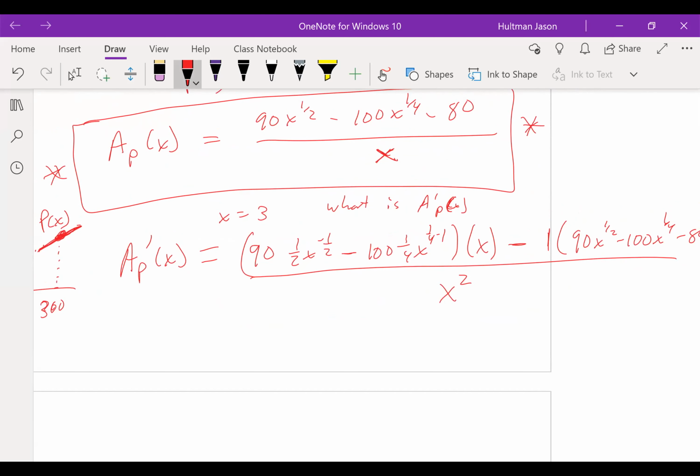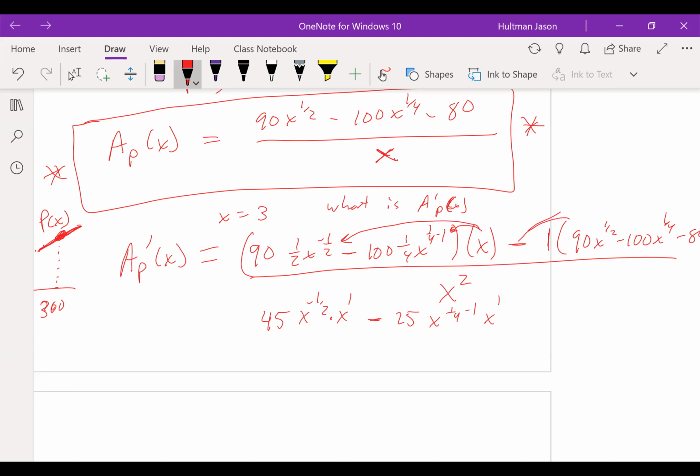I would do 90 times 1/2, that's 45. This is going to be x to the negative 1/2 times x to the first, right? That x is x to the first, minus 100 divided by 4, that's 25, times x to the 1/4 minus 1 times x to the first.